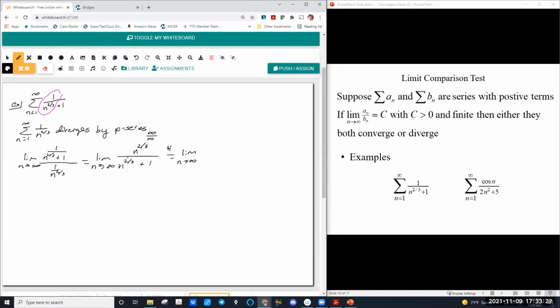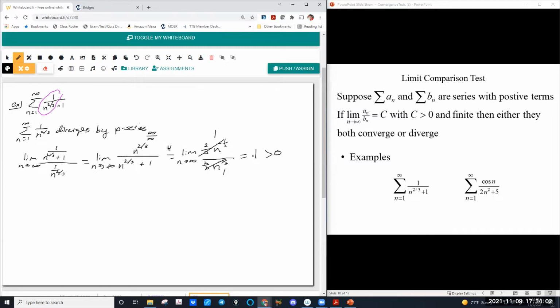This is not going to be some nasty quotient rule, because I'm just taking the derivative of the numerator, which is 2/3 n to the minus 1/3, over the derivative of the denominator, which is 2/3 n to the minus 1/3, because the derivative of 1 by itself is 0. Notice that I get the exact same thing. So the limit of a constant is just itself.